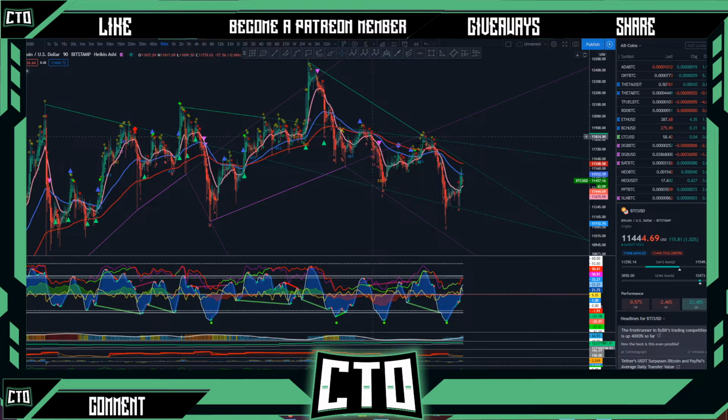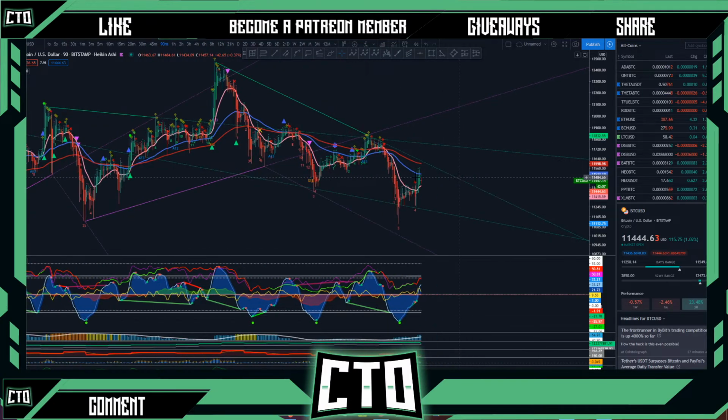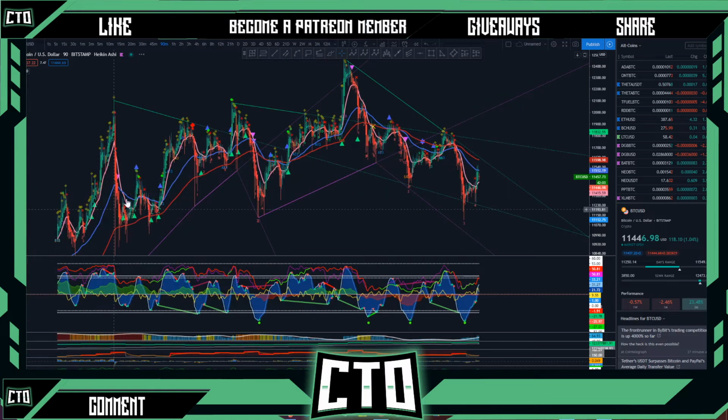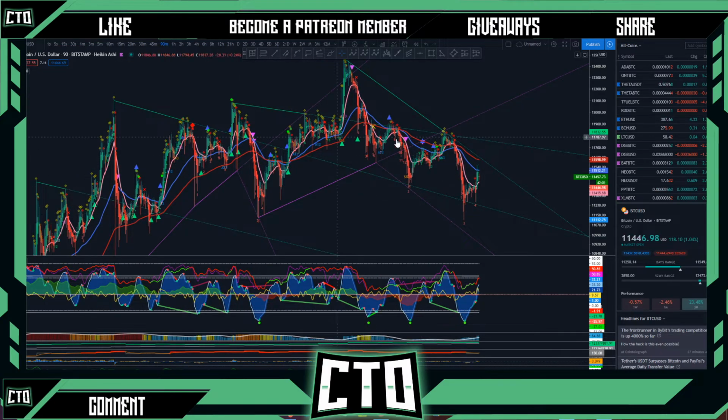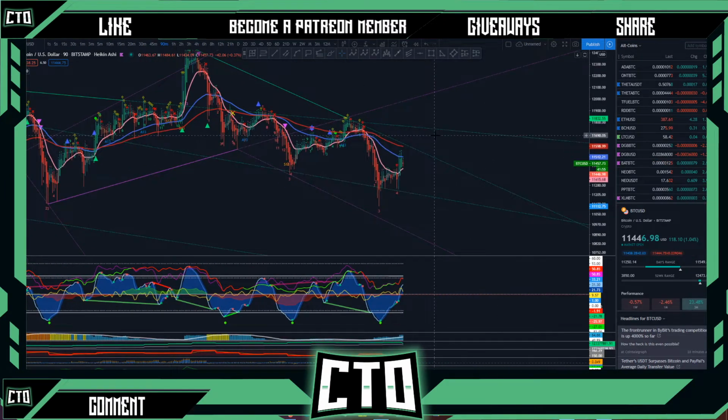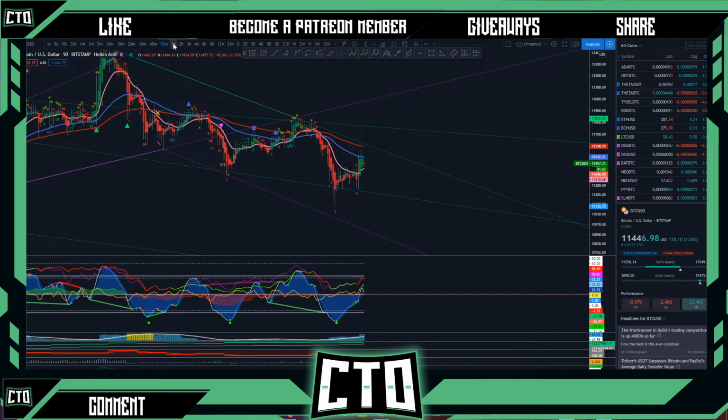That's definitely something we need to consider, because the top side of this consolidation at around that 12K area has been major resistance for the past couple of weeks. So we could see some dumpage come into the Bitcoin market pretty soon.